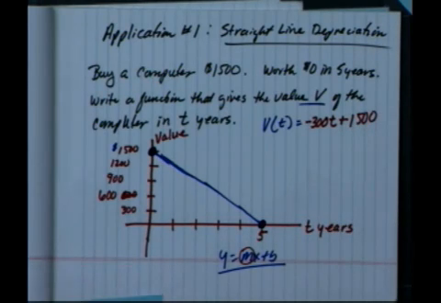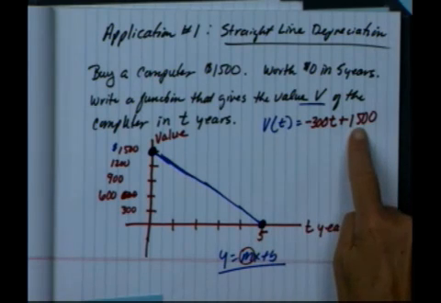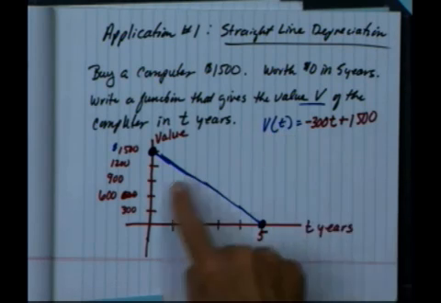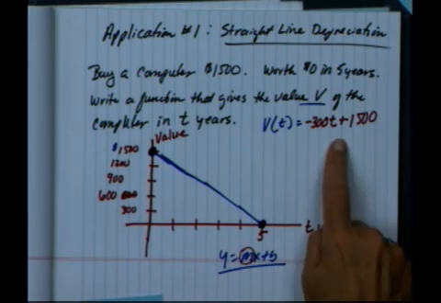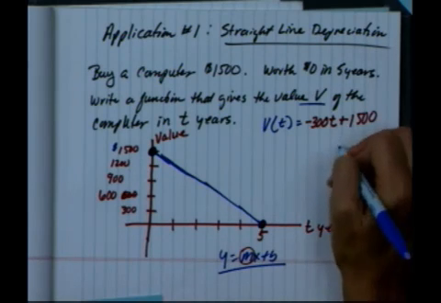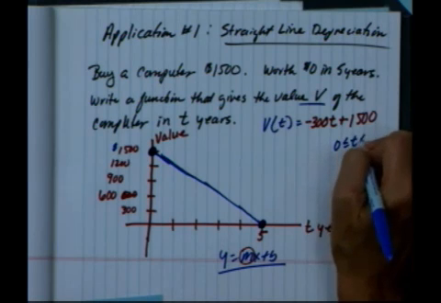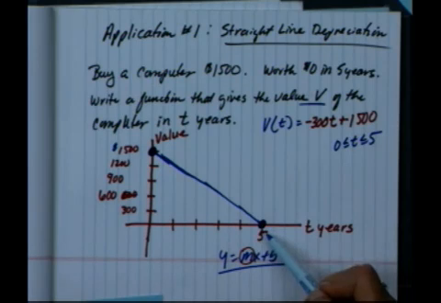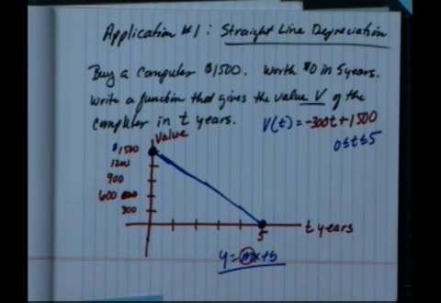Okay, so I have written a linear function where the value is a function of t, the t years after the computer is purchased. And we want to remember that 0 is less than or equal to t less than or equal to 5. We have a restricted domain here because I guess if you kept going, that means that somebody would have to be paying you money. I'm not sure if you went below the line there. All right, questions?